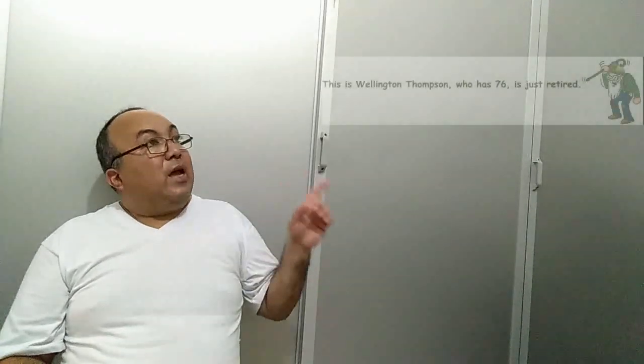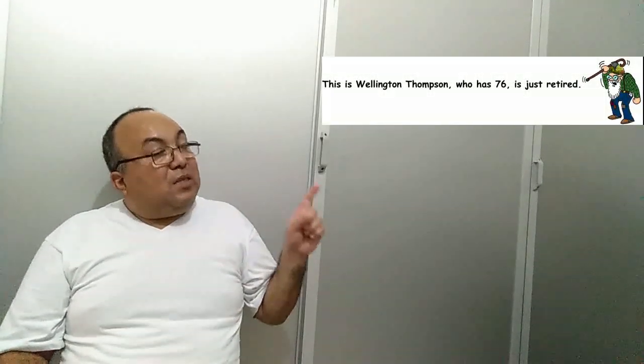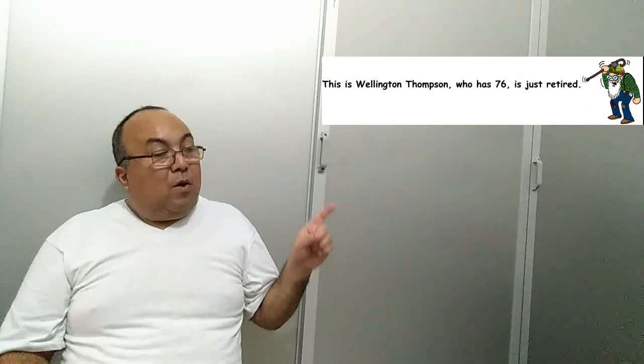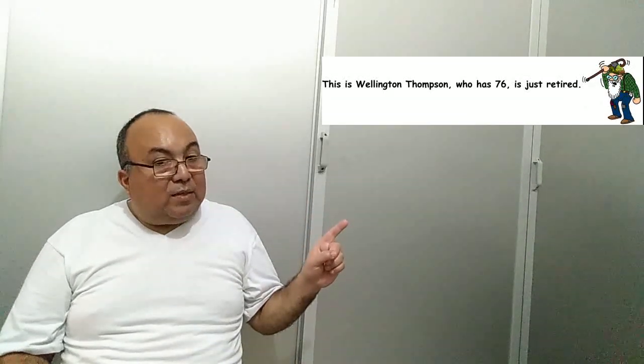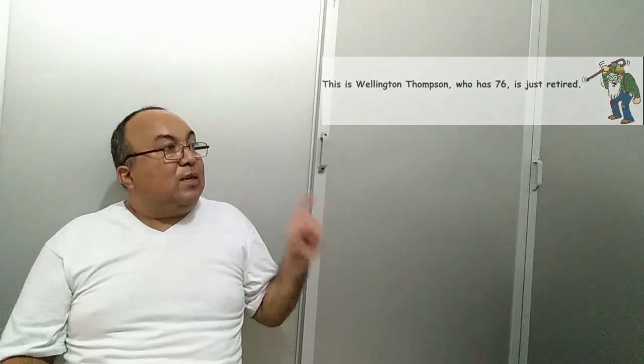With the use of the relative pronouns and relative clauses, we get a new sentence that would say, this is Wellington Thompson, who has 76, is just retired. Okay?